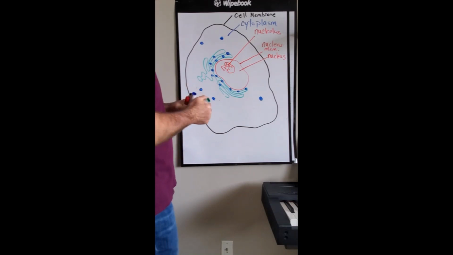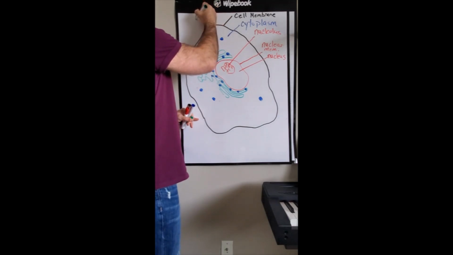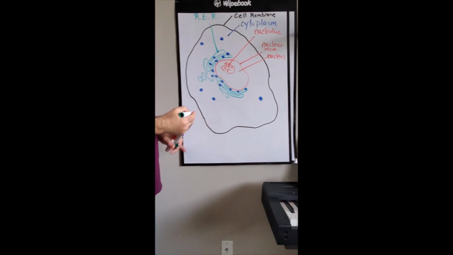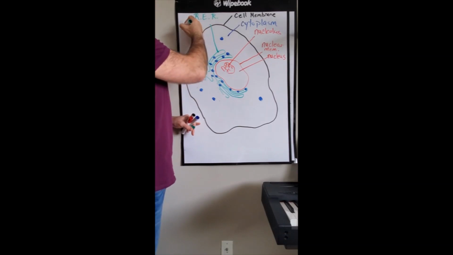Closer to the nucleus, I'm going to abbreviate this. We have the rough endoplasmic reticulum, and further away from the nucleus we have the smooth endoplasmic reticulum.